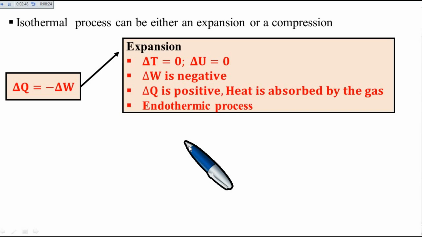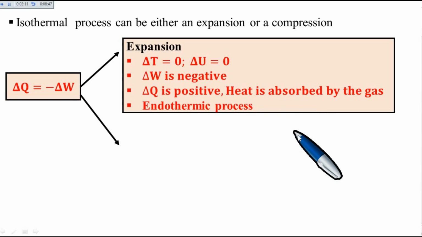Then dW is equal to negative PdV. That means this term, negative PdV, will be negative times this negative. Then you get the positive. For isothermal expansion, the heat is positive. The heat is absorbed. The system is an endothermic process.